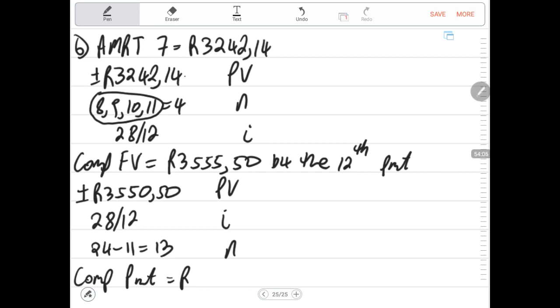50 cents is our present value. 28 divided by 12 is our interest. 13 is our n. Then we compute PMT. Sorry for that. Plus minus 3,550.50.